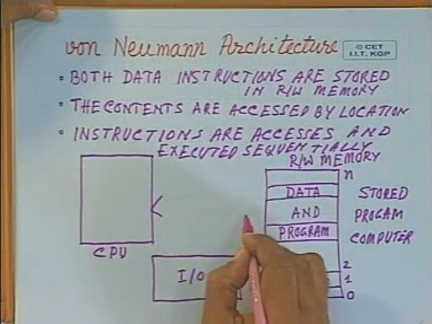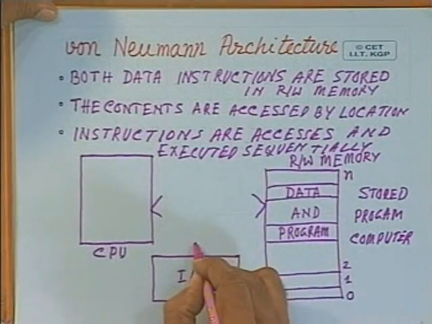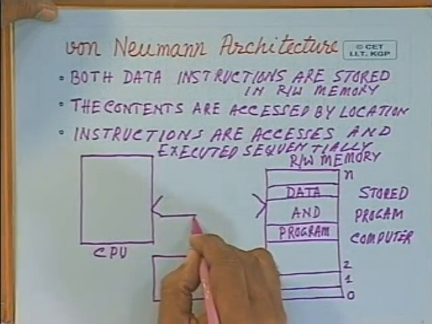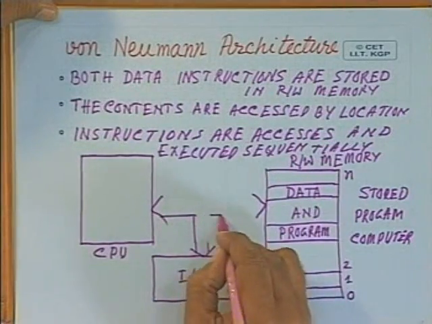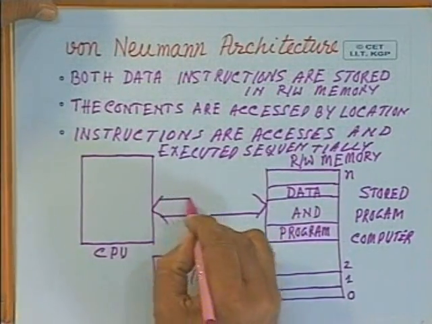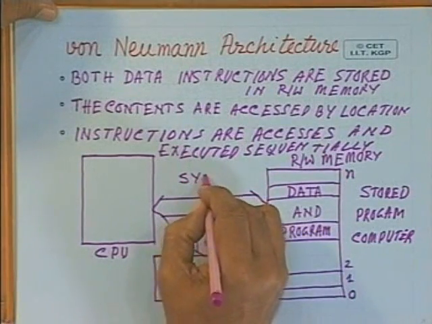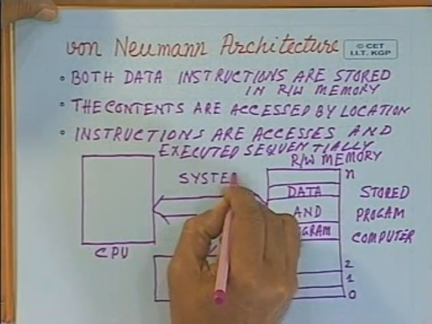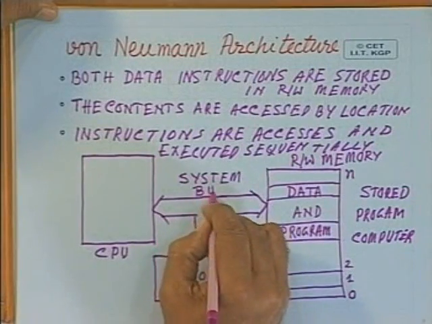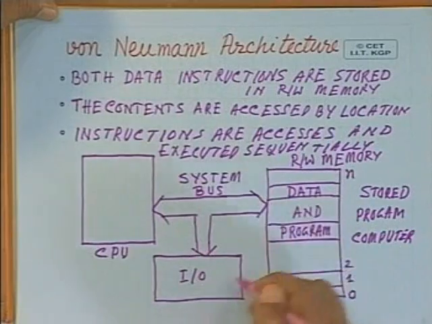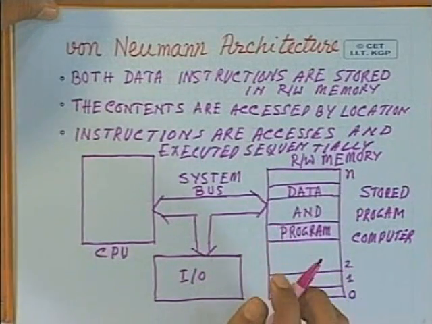The CPU, memory, and I/O devices are interconnected with the help of what is known as the system bus. This is your system bus through which both memory and input output devices are interfaced.